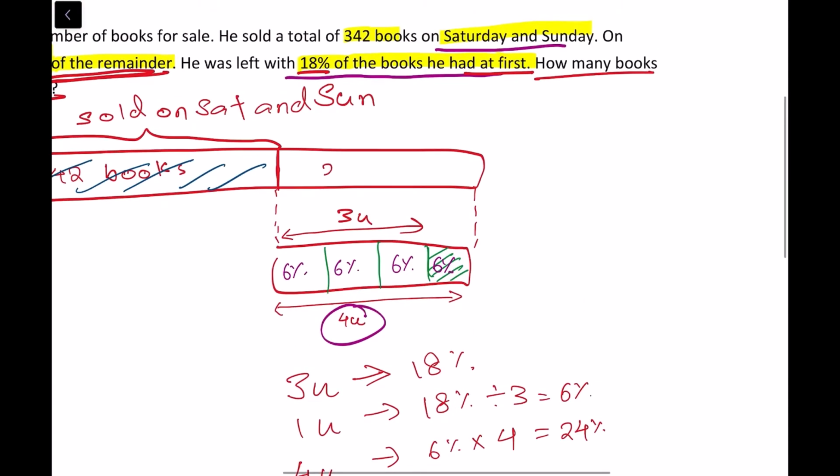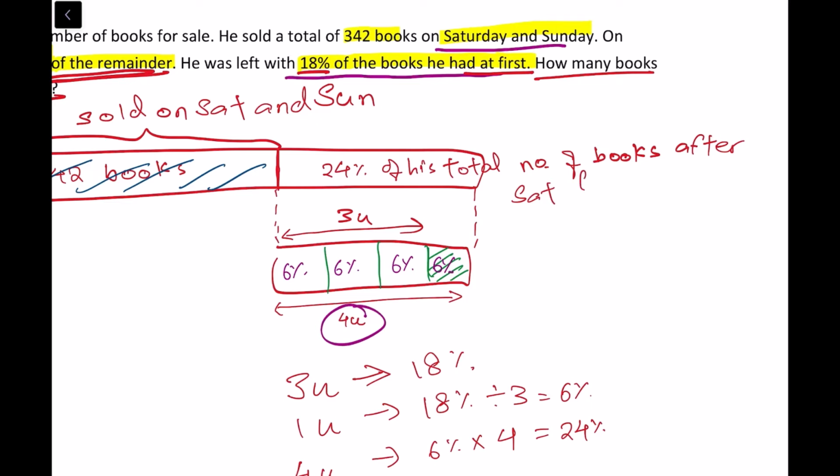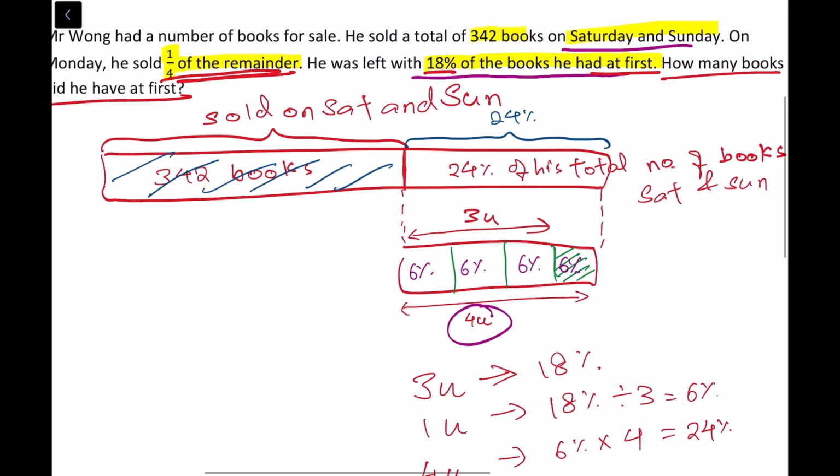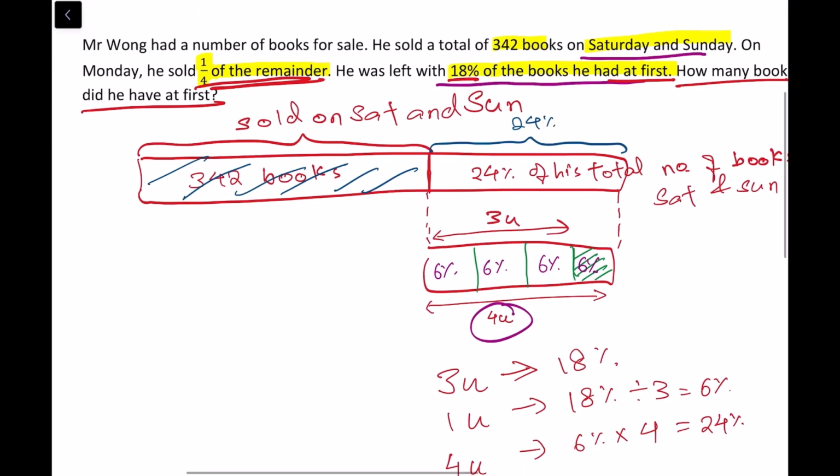So he had left 24% of his total number of books after Saturday and Sunday. Sorry for the text. So this is 24%. I'll just make it distinct. Okay, so anyways, back to the question.